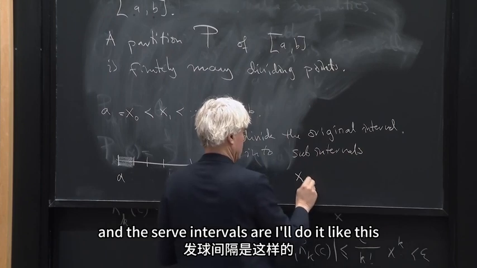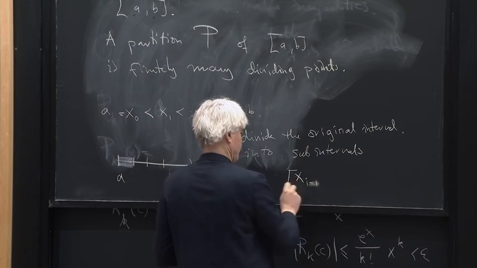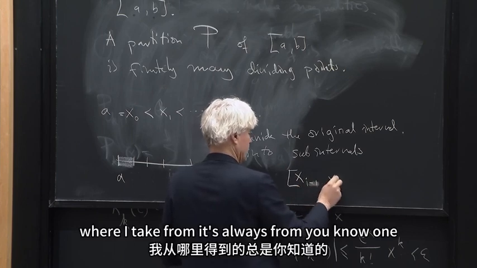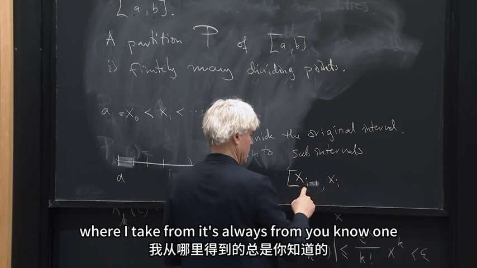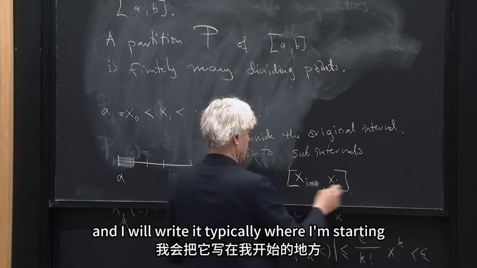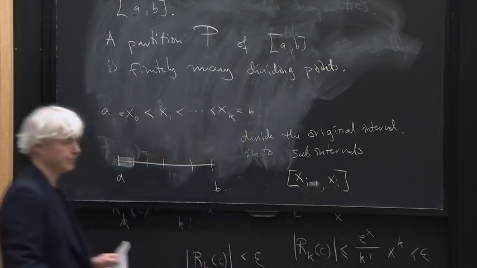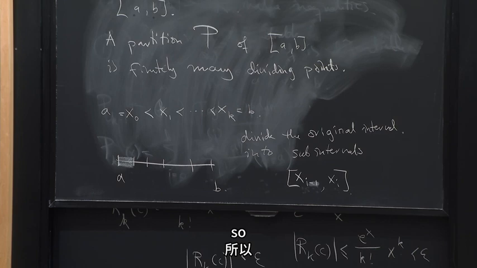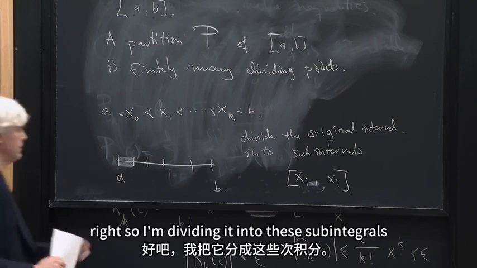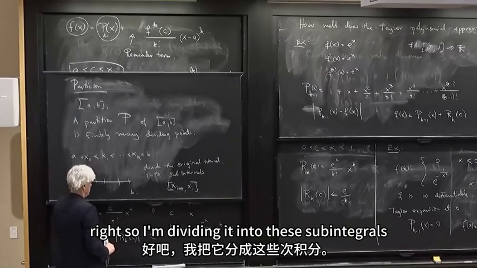And the subintervals are, I'll do it like this, where I take, it's always from one to the next. And I'll write it typically where I'm ending at i and beginning at i minus 1. So I'm dividing it into these subintervals.